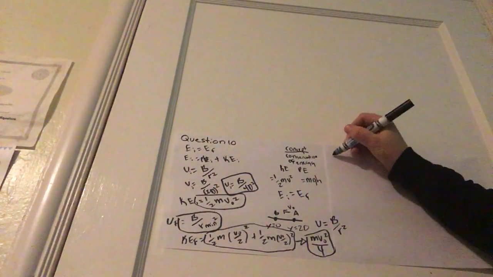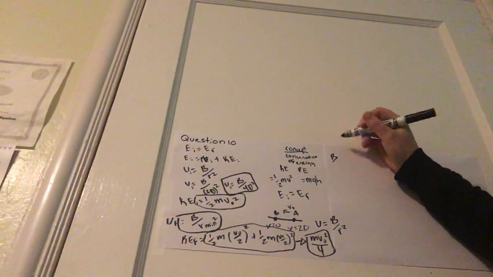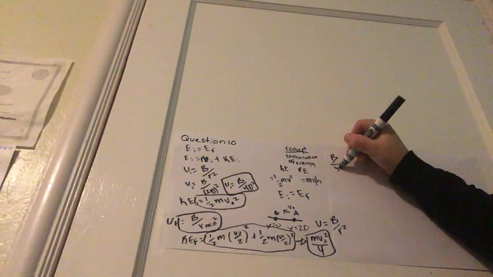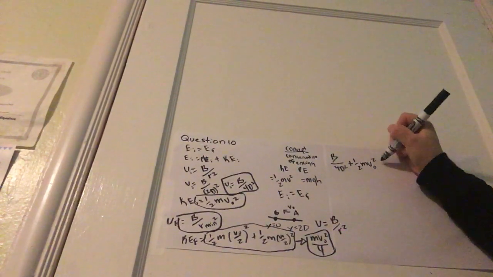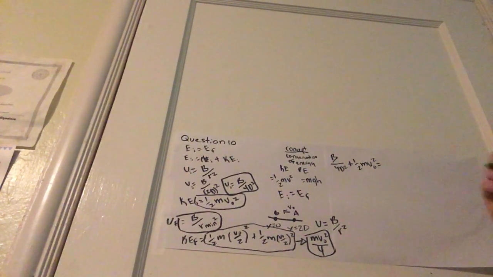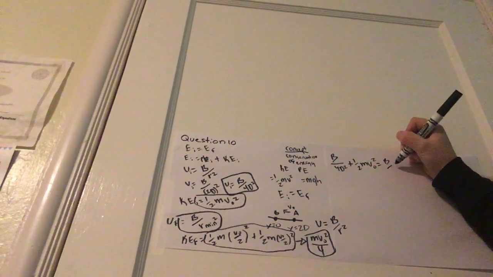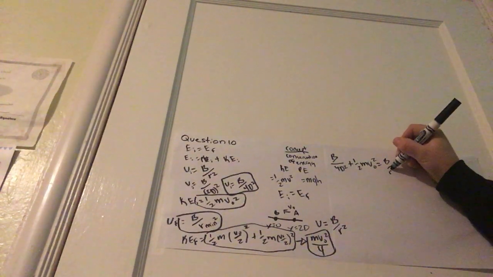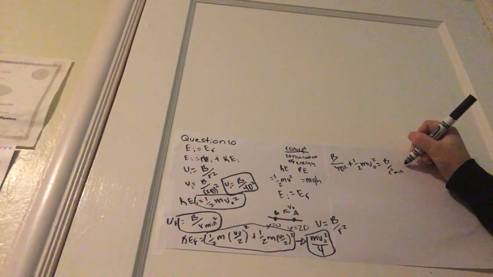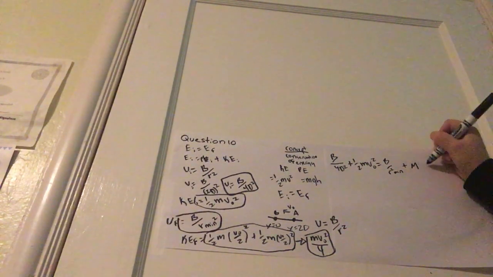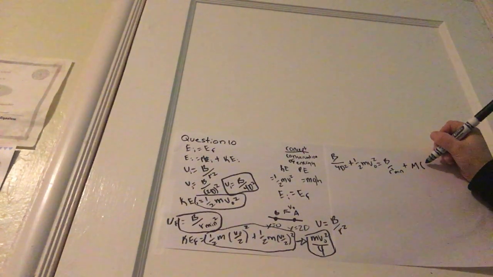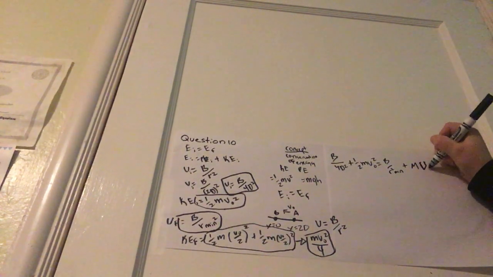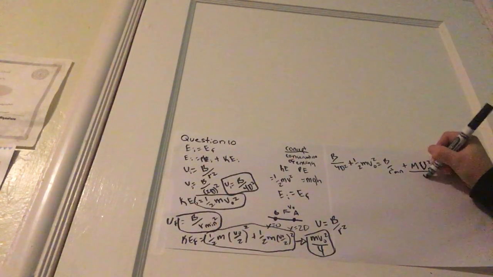We get initial potential energy, beta over 4d squared, plus 1/2 m v initial squared, the initial kinetic energy, equals beta over r min squared plus m v initial squared over 4.